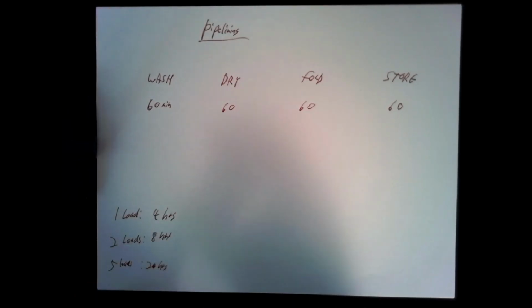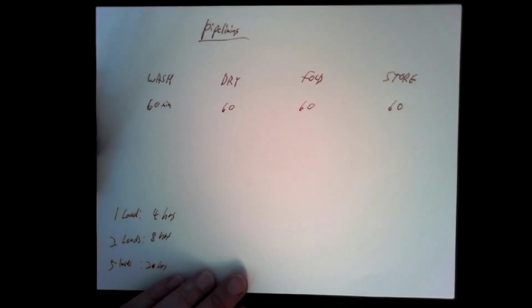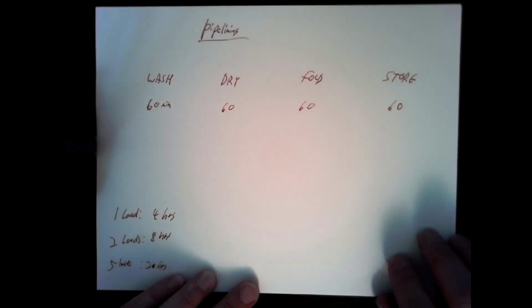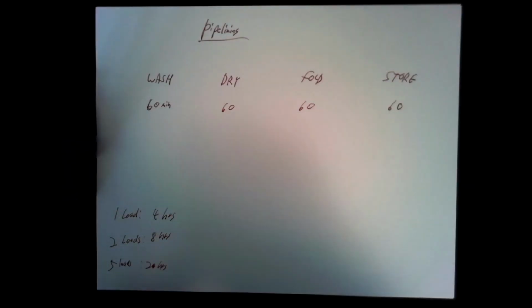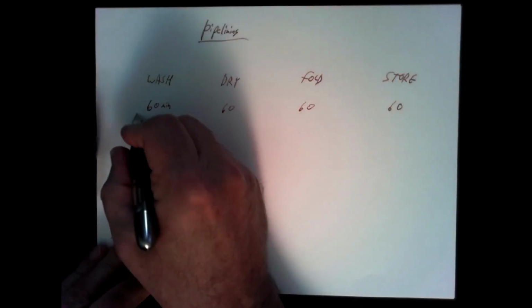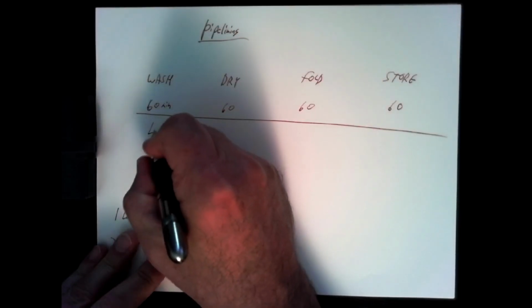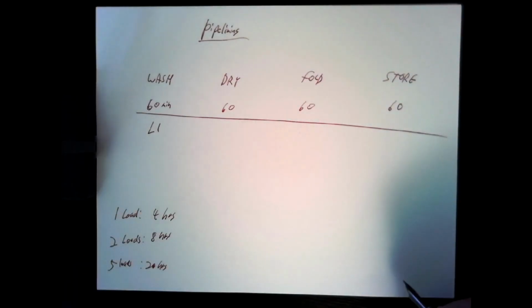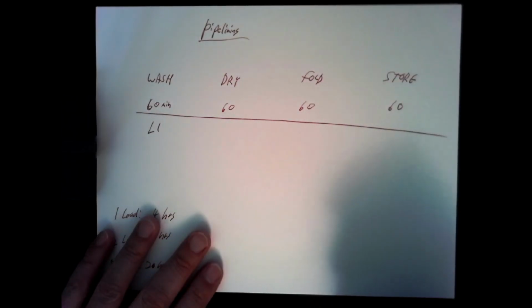But of course, if you have enough resources, what can you do? Well, you put your first load in the wash, and you wait an hour. And there's nothing you can do during that hour to help with your laundry. You're just waiting for the wash to finish.